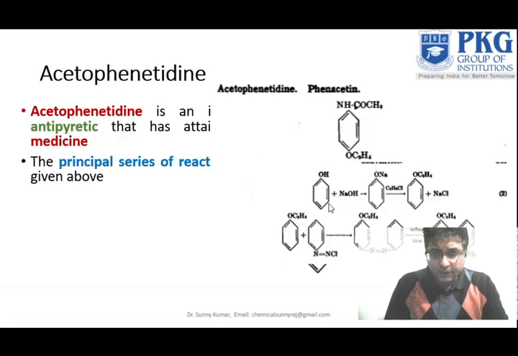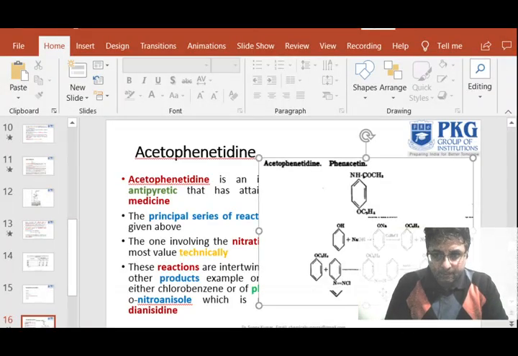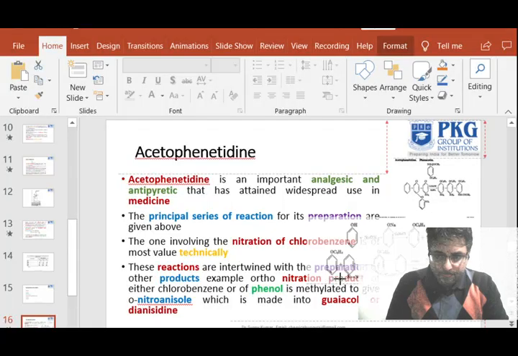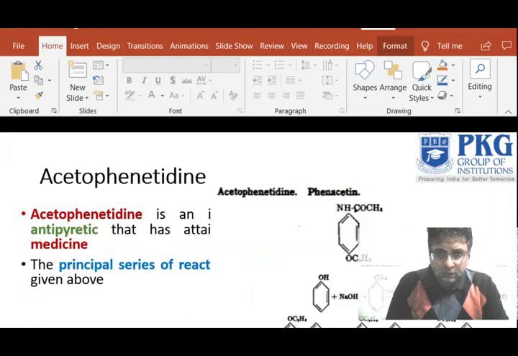Here phenol is treated with sodium hydroxide and C2H5Cl, and NaCl is produced. Then both are reacting, this compound and that compound, and you get the combination of these, and then reduction happens. So this is acetophenetidine.